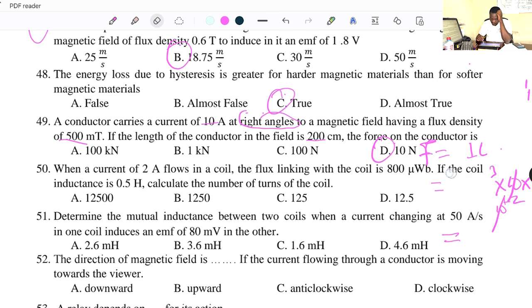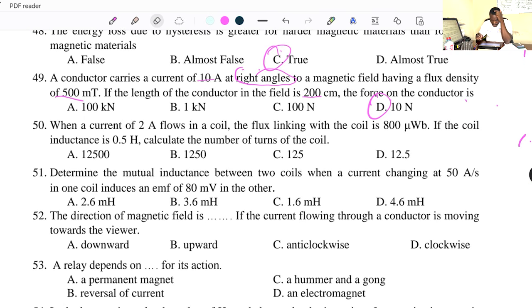We have question 50. When a current of 2 amps flows in the coil, the flux linking with the coil is 800 microwebers. If the coil inductance is 0.5 Henry, calculate the number of turns of the coil. So here, we're interested in the number of turns. Again, we are dealing with the coil, right?